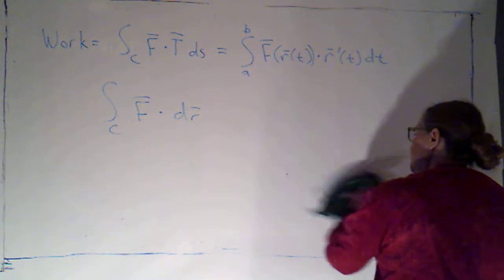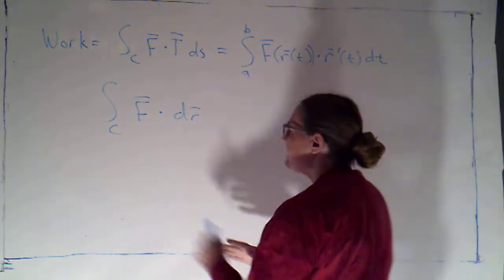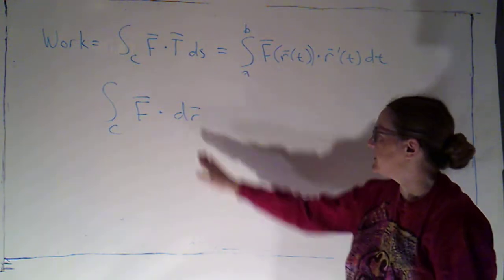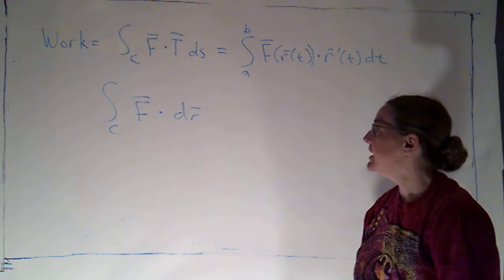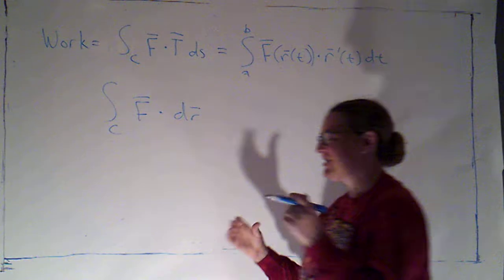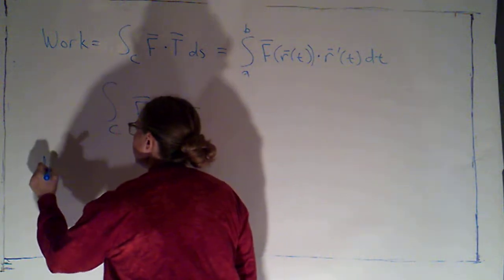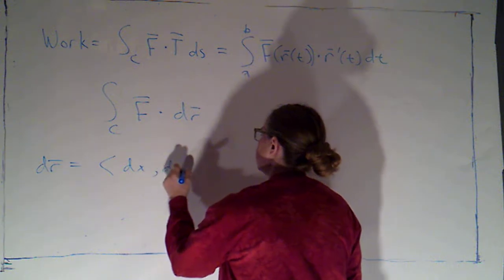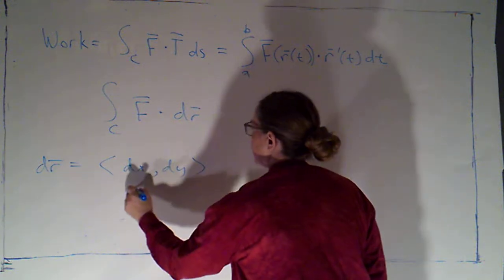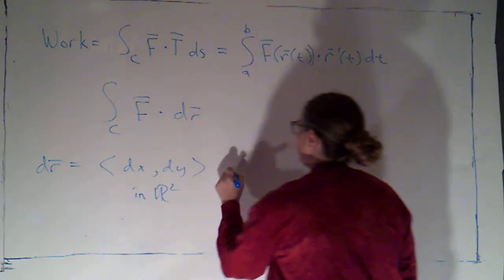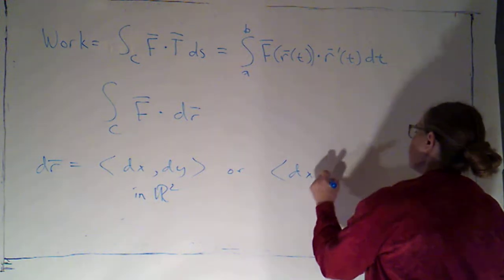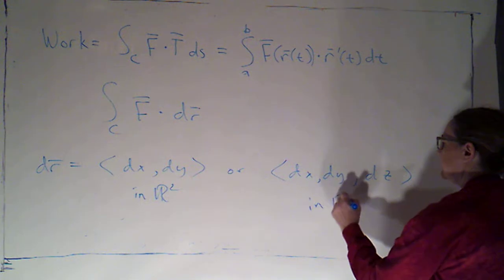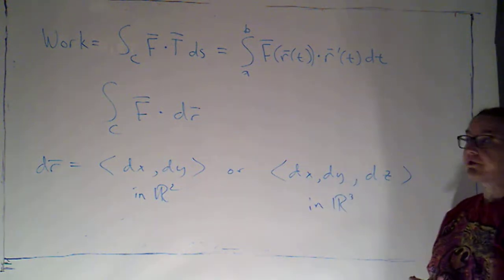And then you'll also see that dr is sometimes written in terms of components. So this is like a vector differential, and its components are real differentials. So dr is equal to ⟨dx, dy⟩ if we're in R2, or ⟨dx, dy, dz⟩ if we're in R3.